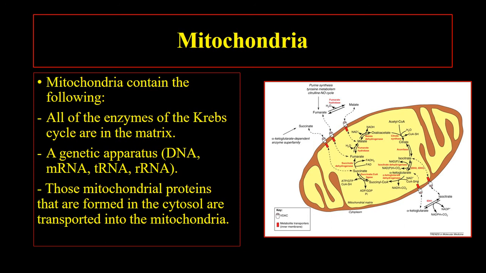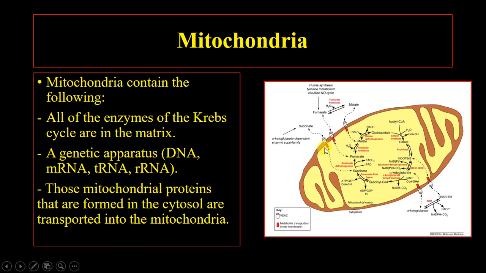And let's talk some words about the matrix of the mitochondria. The matrix is a space enclosed by the inner membrane. The matrix is important in the production of ATP, with the aid of the ATP synthetase contained in the inner membrane of the mitochondria.